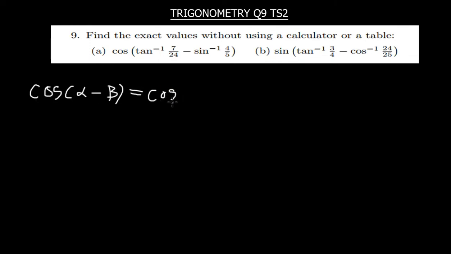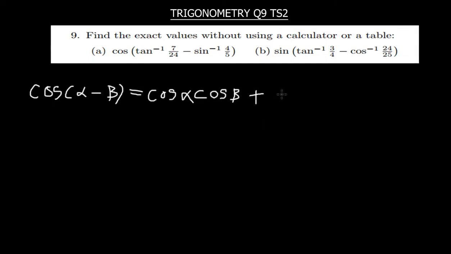Cos alpha, then cos beta. For cos, you always start with two coses, and then the signs will follow afterwards. And then for cos again, if there is a minus here as an operation, there will be a plus this side.